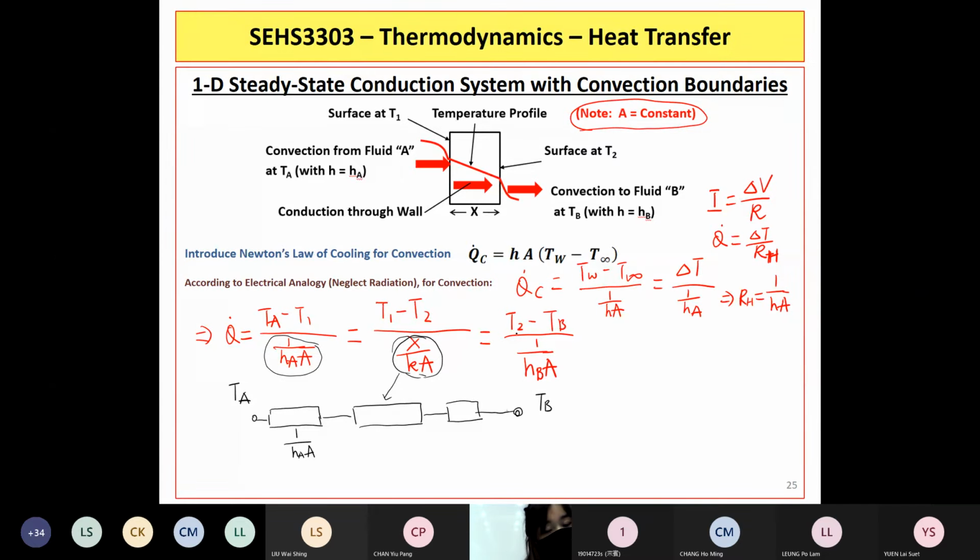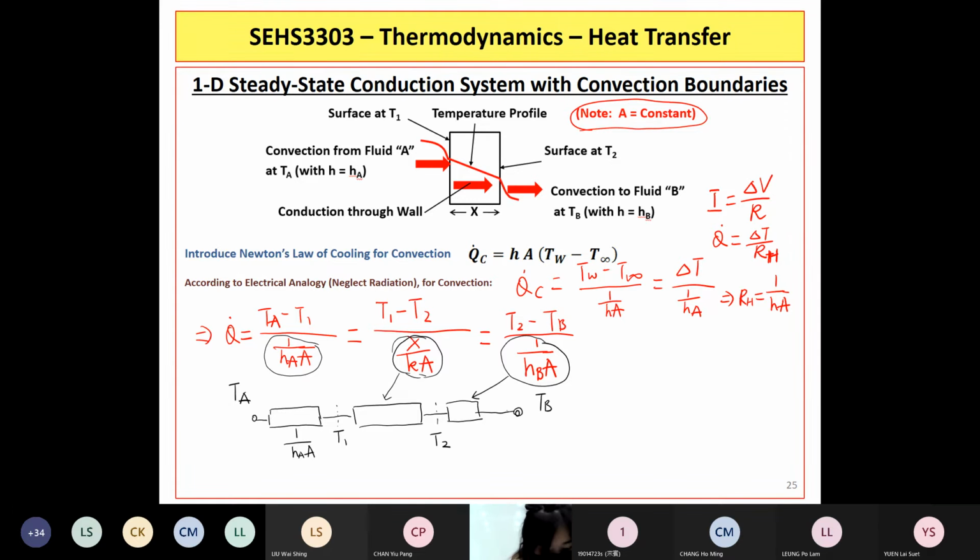The last one is the convection from the surface to fluid B. This is the thermal resistance for this resistor. At this point, what we have is T_1. Here is T_2, right?